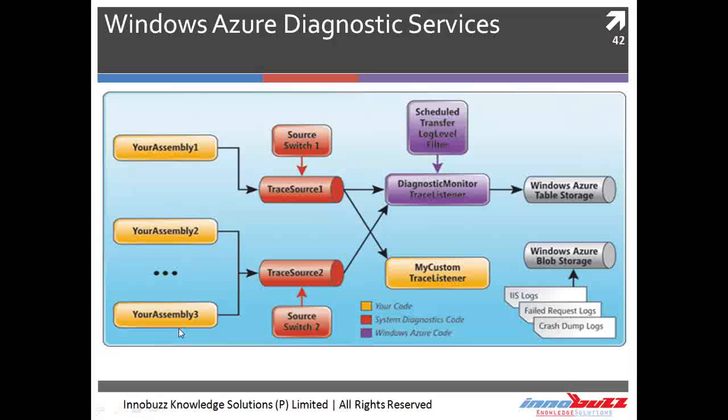Same as we have multiple assemblies going to the sources, then you have a custom trace listener, and all the things that are logged go into Azure table storage. And with my custom trace listener, you listen to what you want to listen.